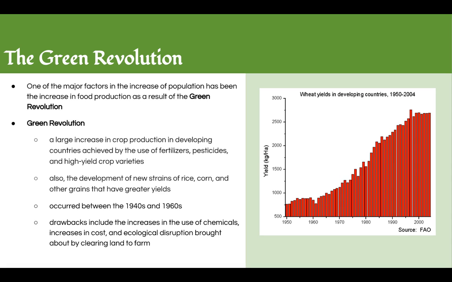Some farmers can't even afford to plant these crops. Some of these companies have copyrights actually on the new strains of rice or corn that they are creating, and so they're charging high prices for farmers to get the seeds to plant these. And then also ecological disruption, as people have to farm more and more to keep up with the world population. It leads to clearing land and clearing habitats.